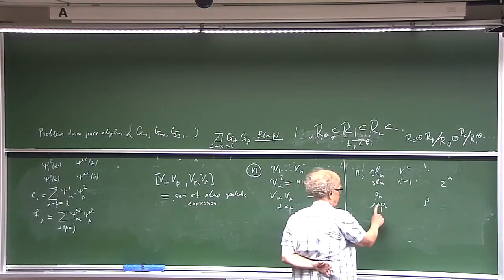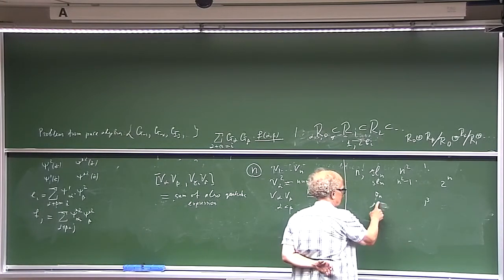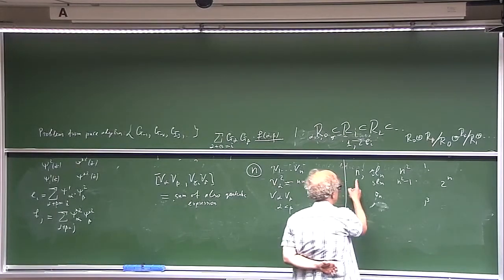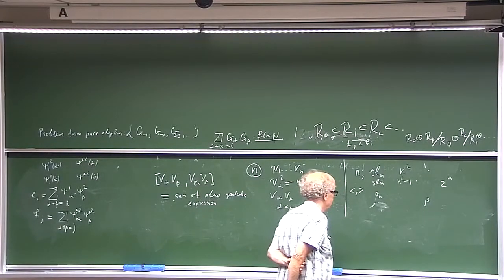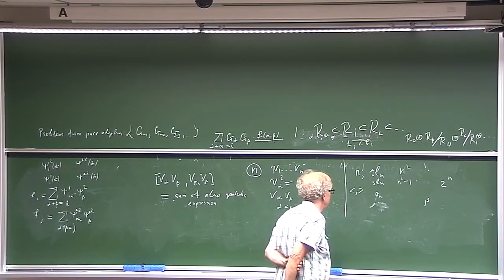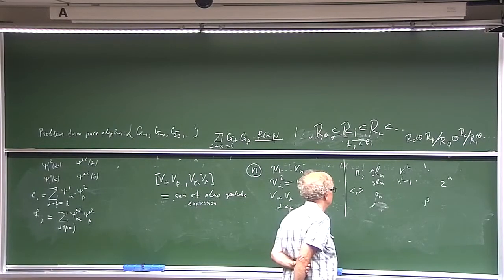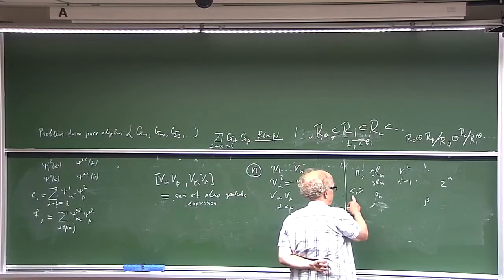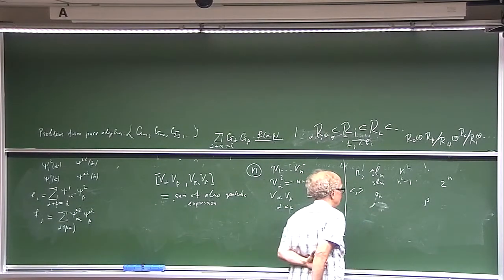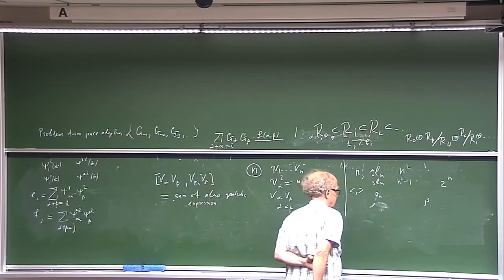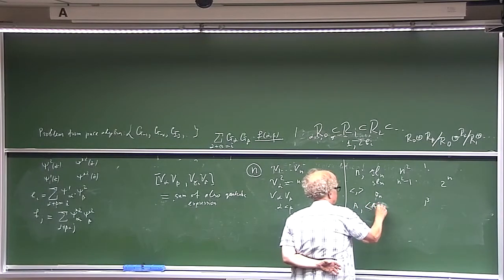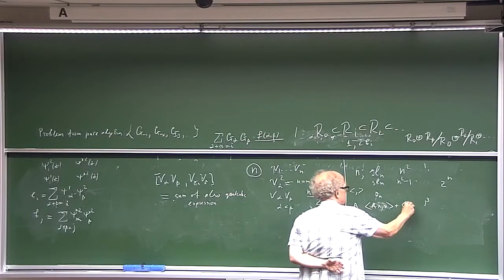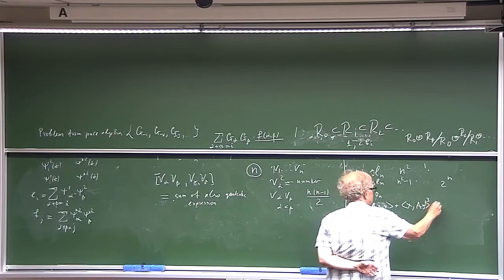For this, let us forget for a moment. But at least to define this, we need on the n-dimensional space a skew-symmetric form, and the orthogonal algebra consists of matrices or linear transformations of the n-dimensional vector space, A, which satisfy the condition (Ax, y) plus (x, Ay) equals 0.